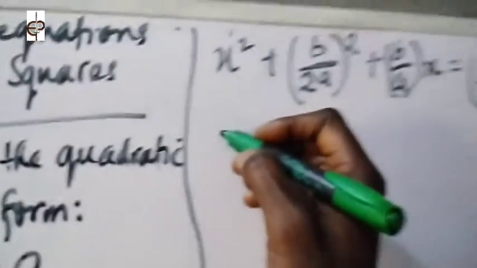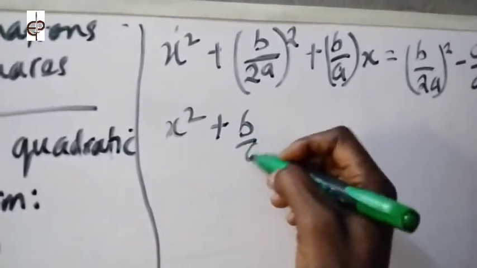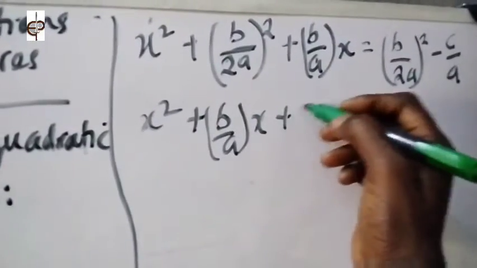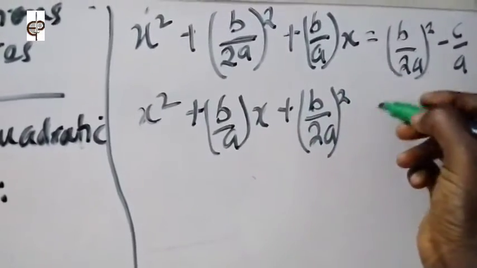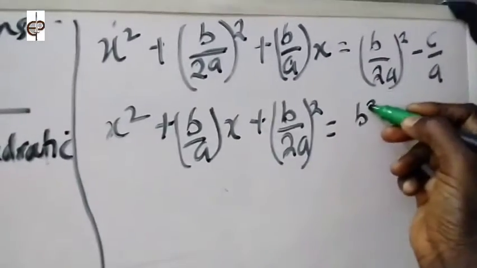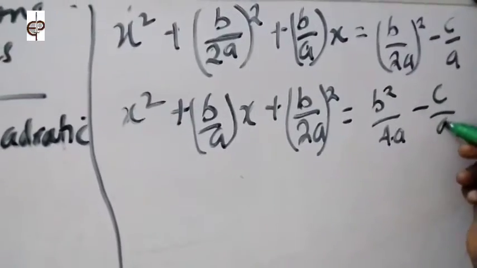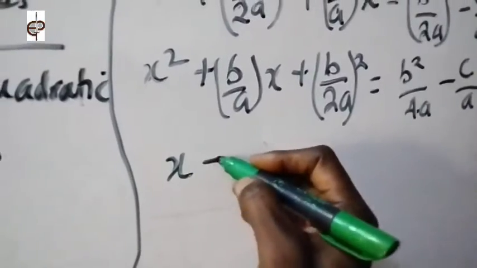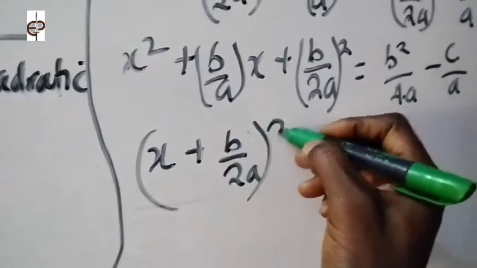So for proper writing, you can write x plus b over 2a all squared is equal to, if we open this, b squared over 4a squared minus c over a. Now if you factor this, you have x plus b over 2a squared.